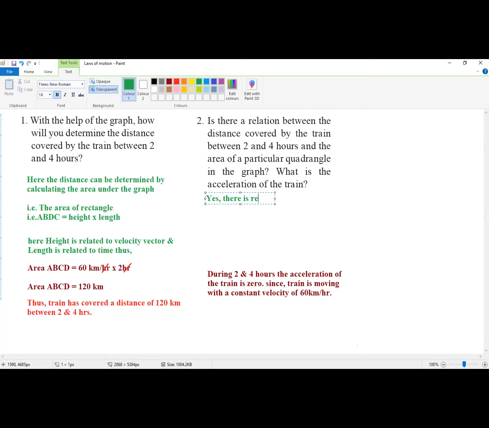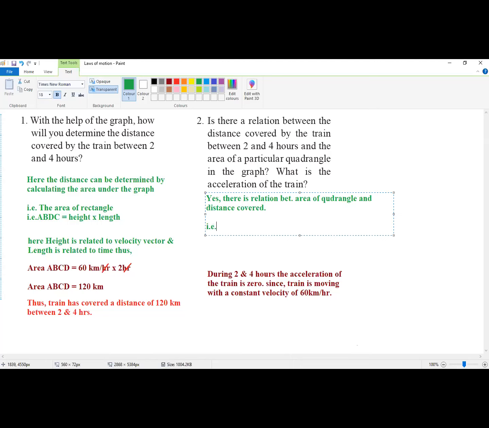Yes, there is a relation between the area of the quadrangle and distance covered.